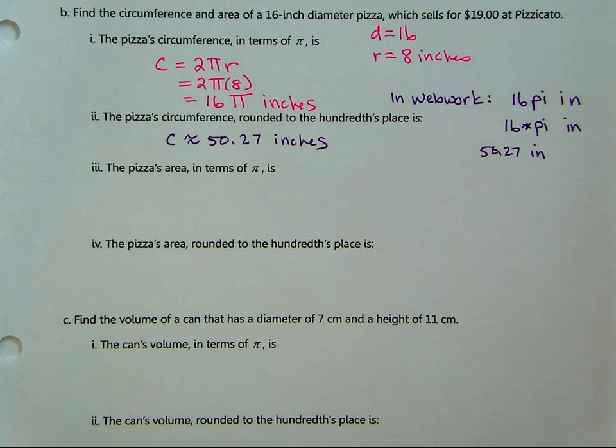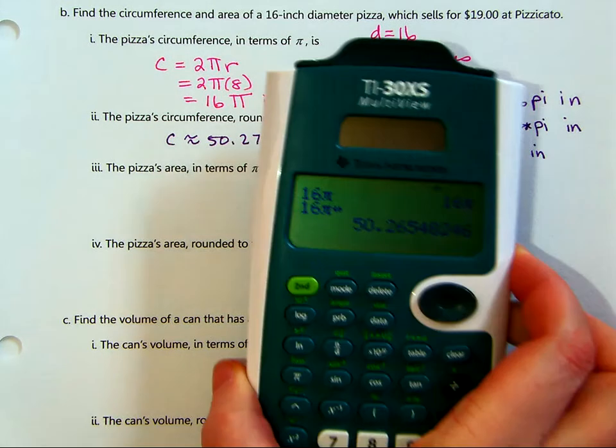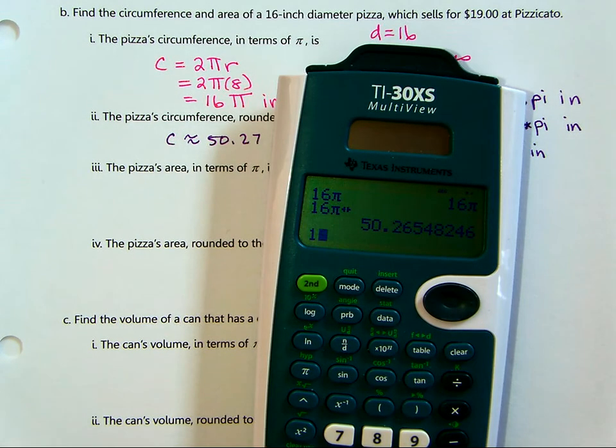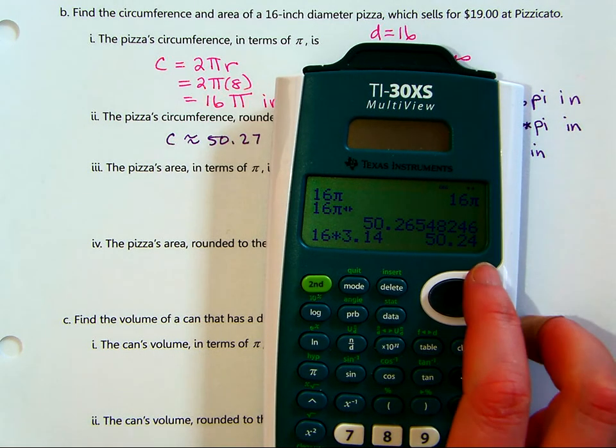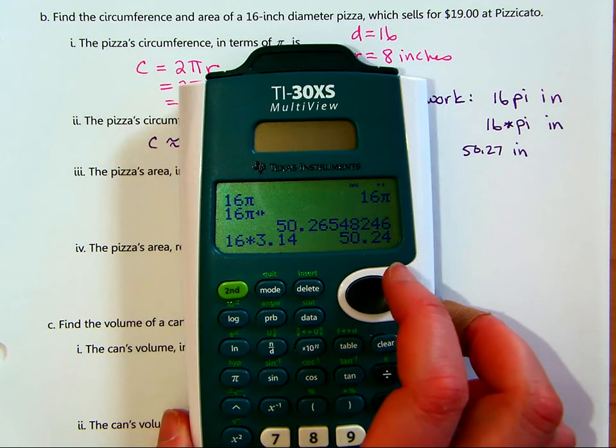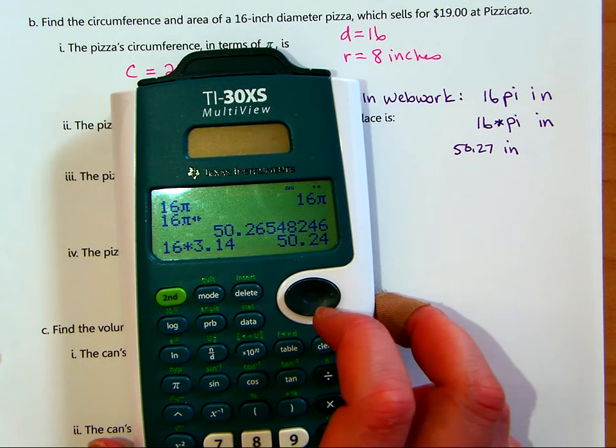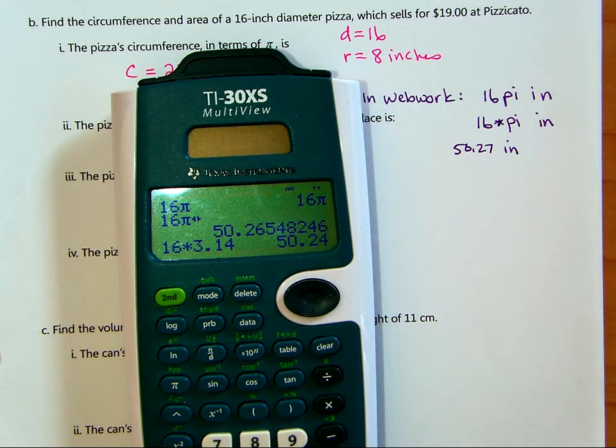Yes, that's a great question. I'm curious if 3.14 is accurate enough. Probably is. Let's see if we get the same thing. That's not quite. See, that's 50.24. What if you went 3.1415? 159, you probably could do that.